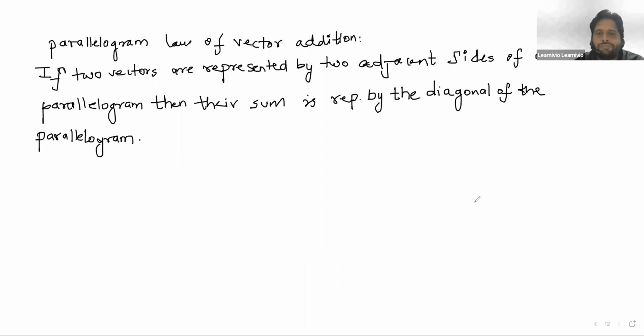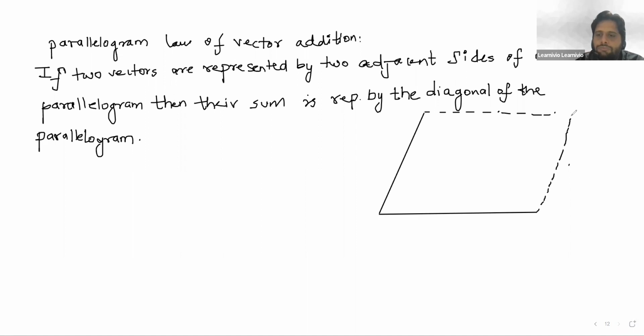So suppose this is your parallelogram. I will show this by the dotted line. Let this be A, this is B, this is C, this is D. So we have two vectors.